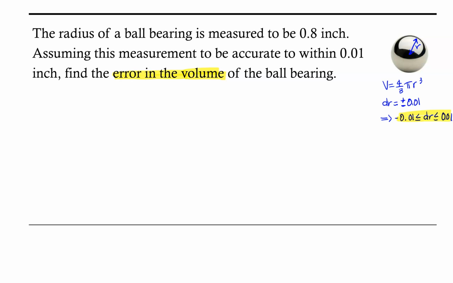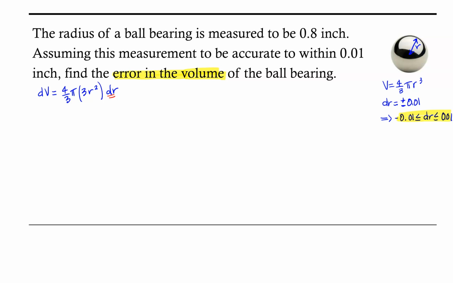Okay, so let's start by looking at the differential. So we know our formula for volume, so that means that the differential for volume, dV, is equal to 4/3 pi times 3r squared dr. And recall the role of this dr is it represents the error in the measurement of the radius.